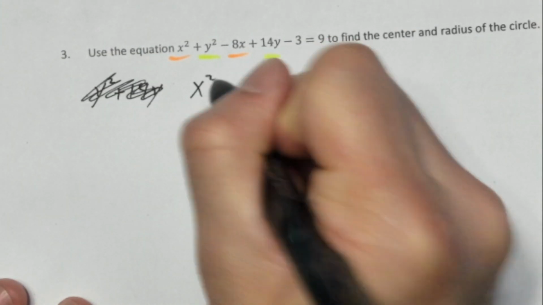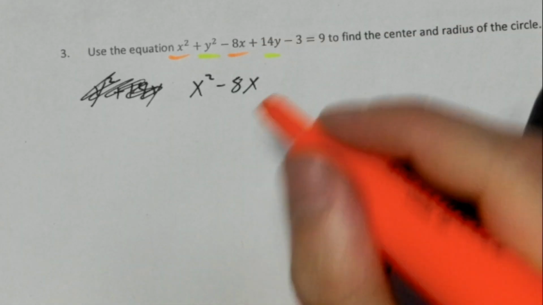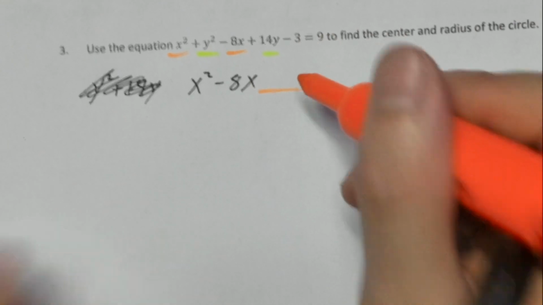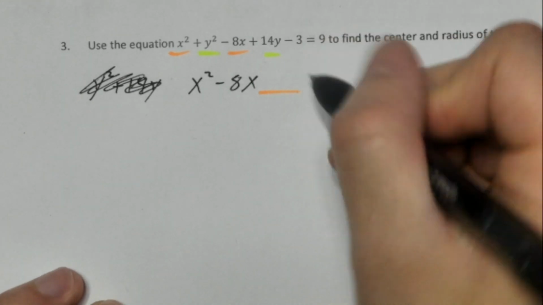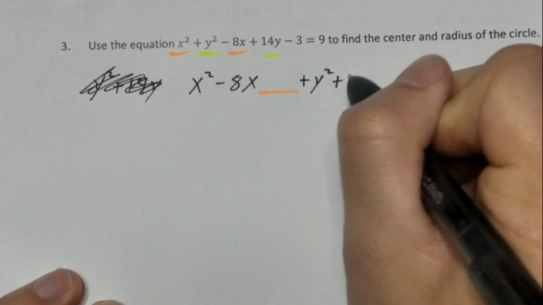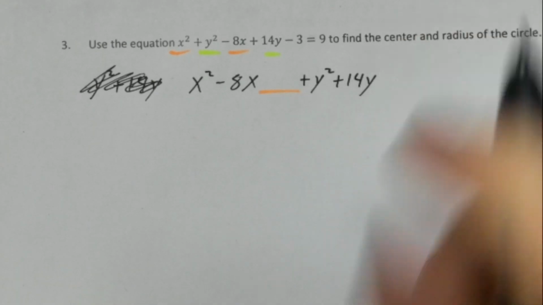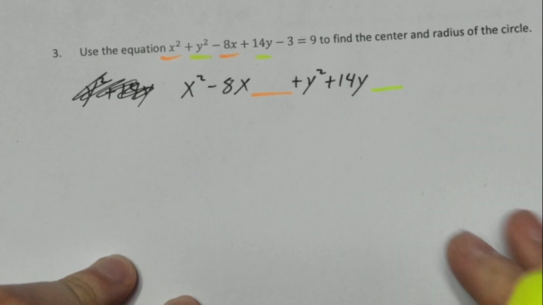So x squared minus 8x. I'm going to leave a little bit of space for my c value. And then I'm going to do the same thing for the y's. Okay, so plus y squared plus 14y. And again, I'm going to leave a little bit of space for my c value.